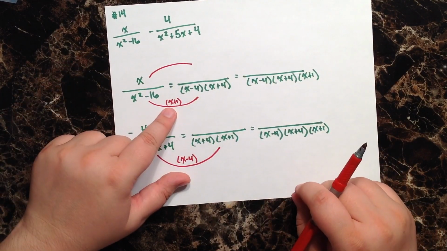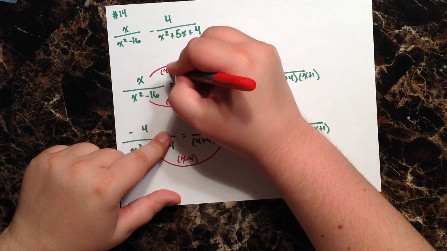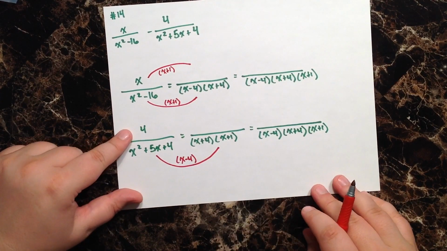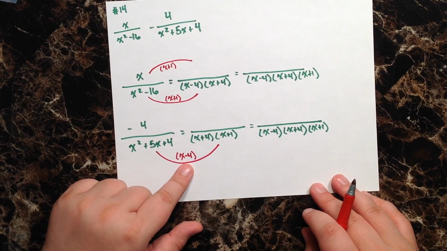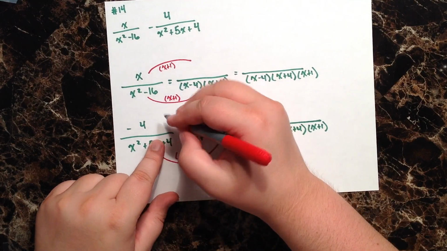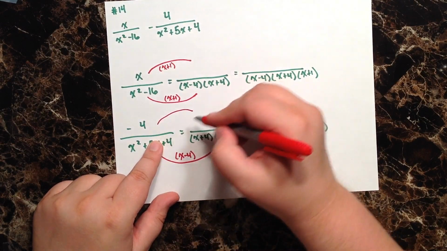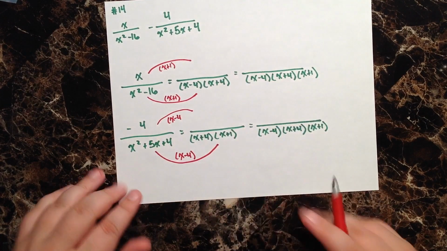So I multiply the top by an x plus 1, and the numerator of the second fraction by an x minus 4.